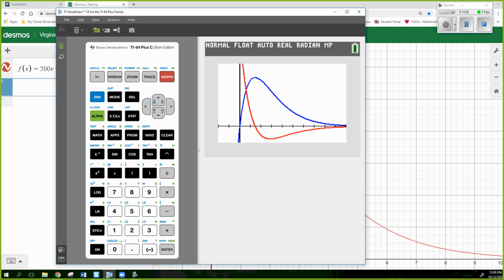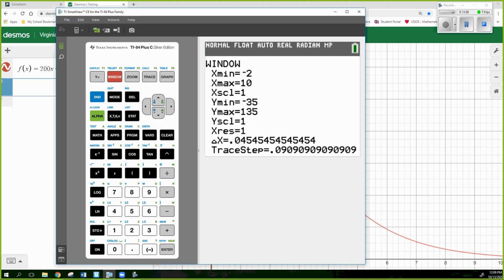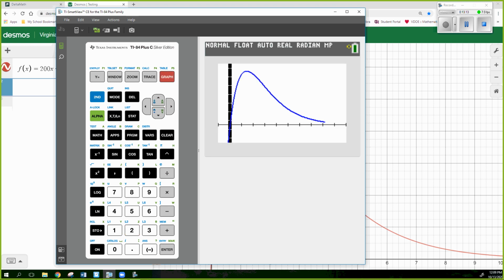Y max is 135. I'll put a negative 135. I'm zooming in a little bit more. There we go.